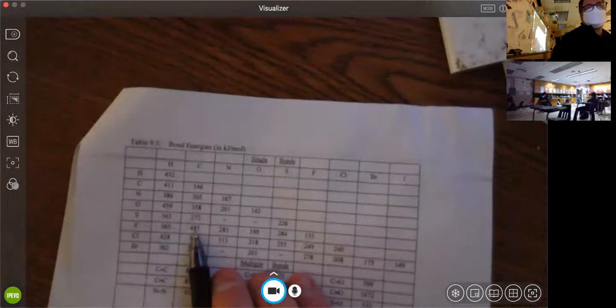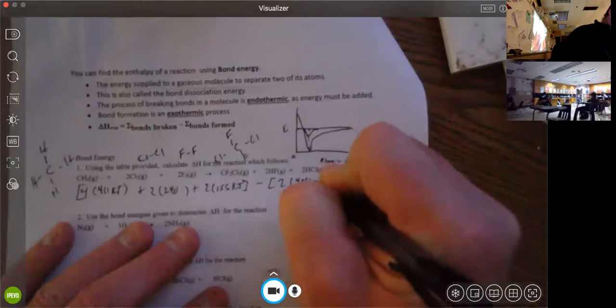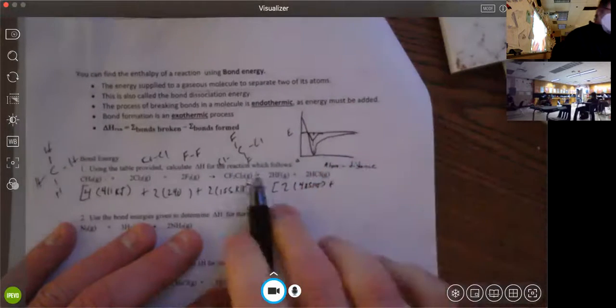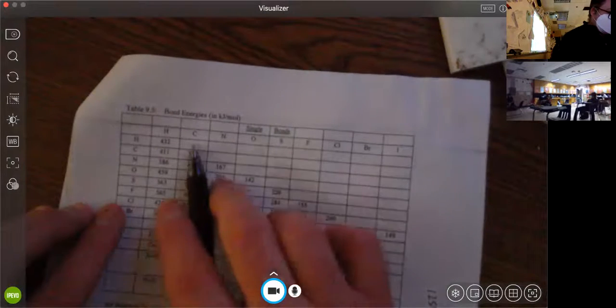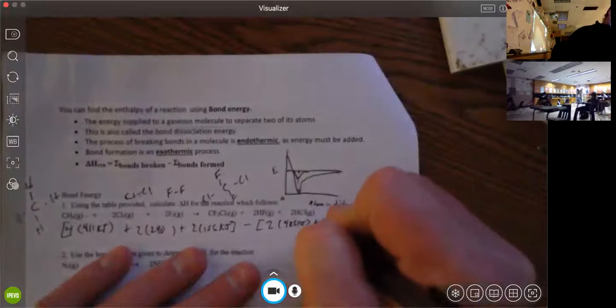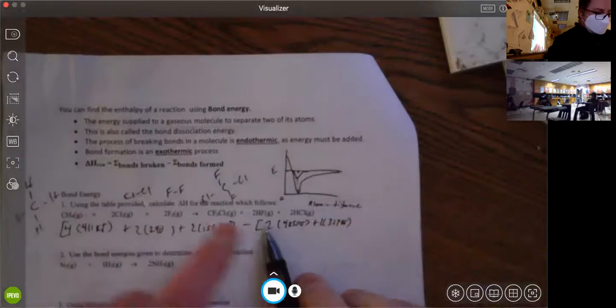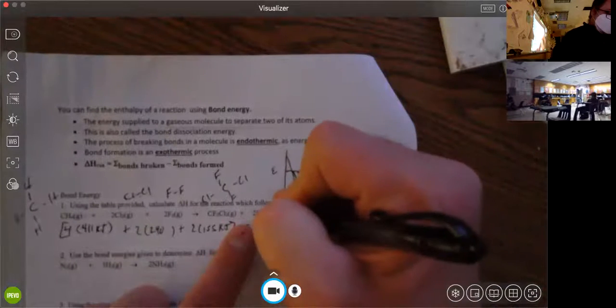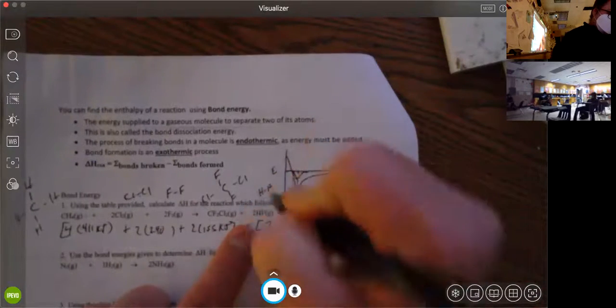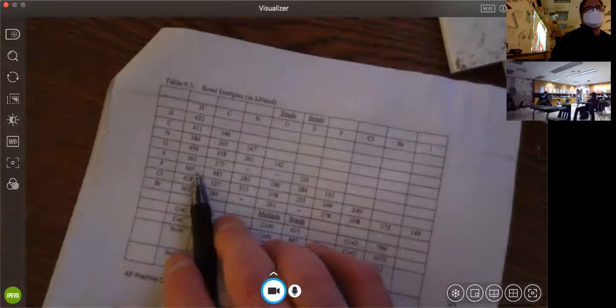They are 485 each. I have 2 Cl bonds. 2 CCl bonds. 327 each. I have 2 moles of HF. 565.